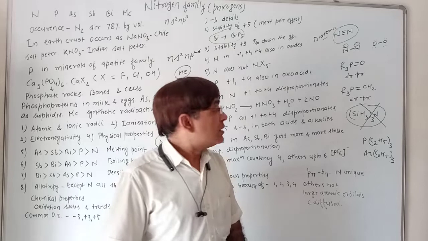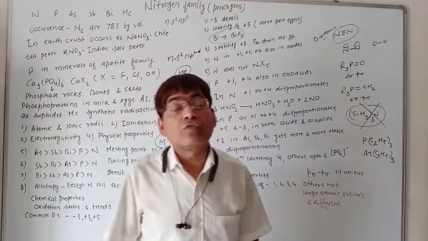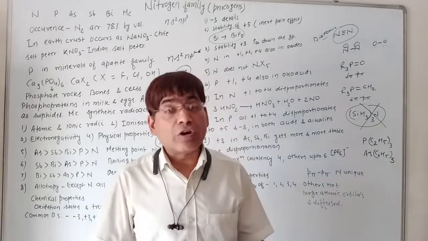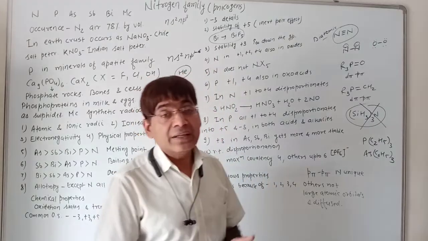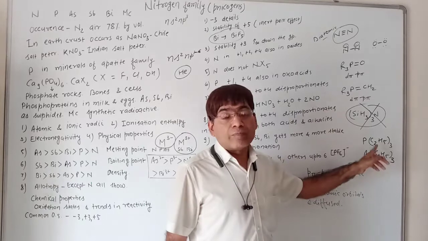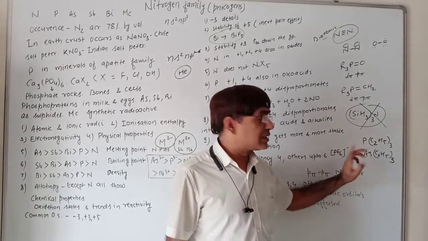Is it clear? Then what we say, phosphorus and arsenic also can form d-pi-d-pi bonds in their complexes with the transition metals. Phosphorus, arsenic, or the other members of the group, when they are forming complexes, their compounds. This is ligand of phosphorus and this is ligand of arsenic.